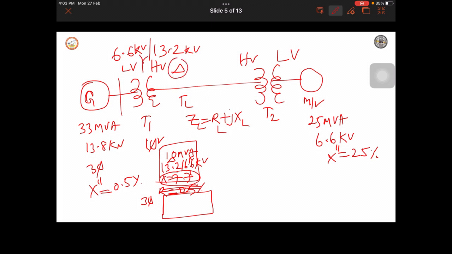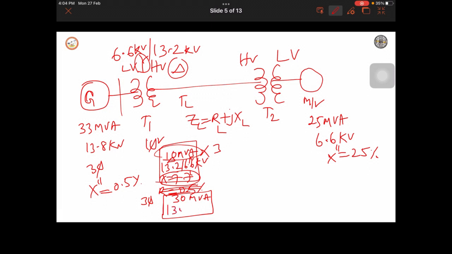Okay, this is delta star. If you want to convert into 3 phase, 10 MVA becomes 10 into 3, that is 30 MVA. Next, for star only the voltage changes. Delta means line and phase remain the same.